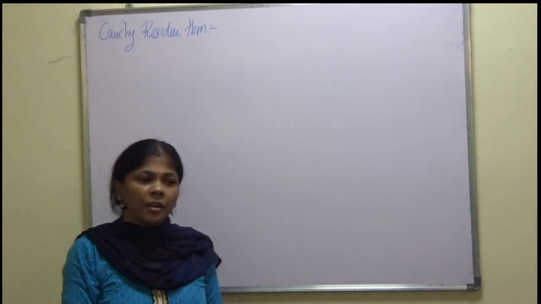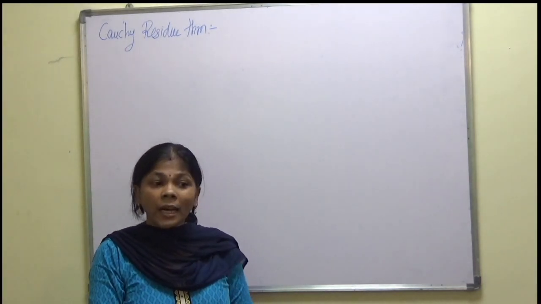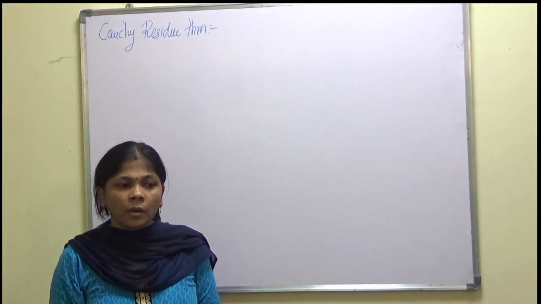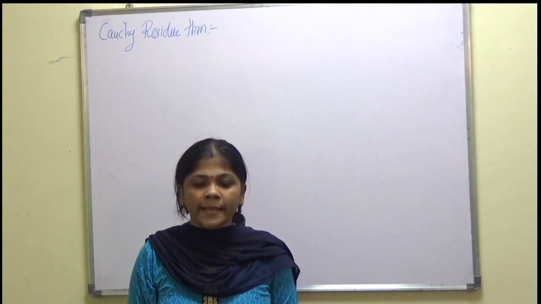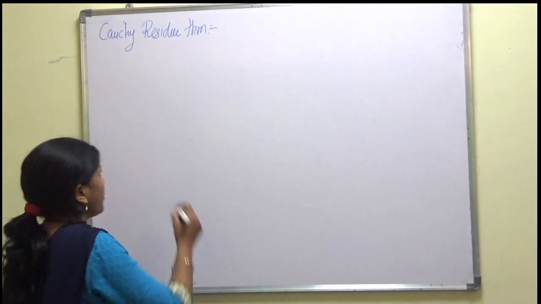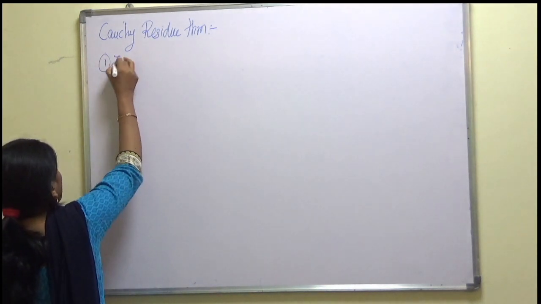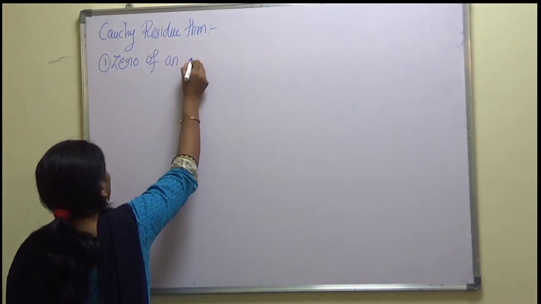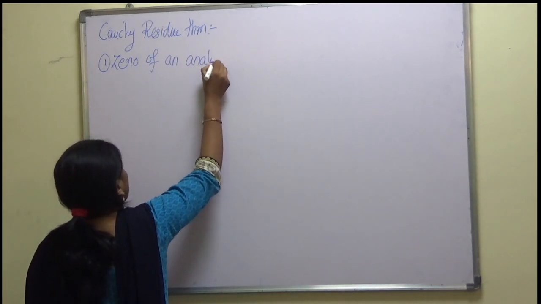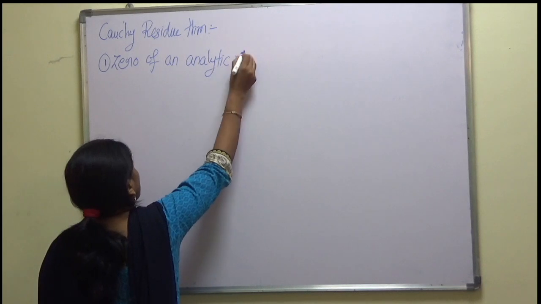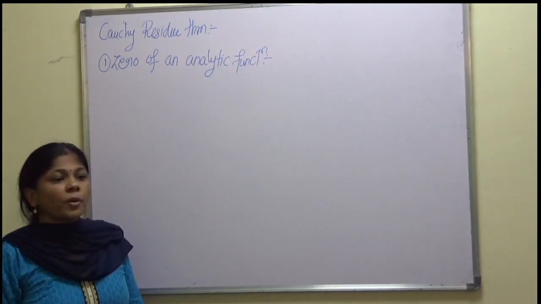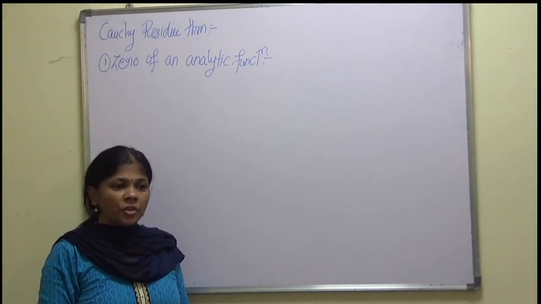So here we need some important concepts, or terminologies, to be known in order to solve the examples. The first definition that we need is zero of an analytic function. So what is meant by zero of an analytic function?